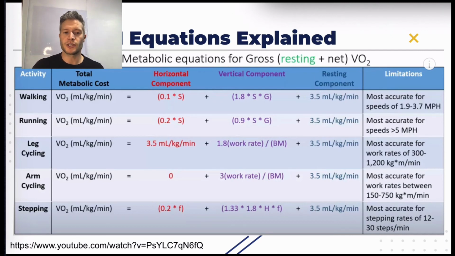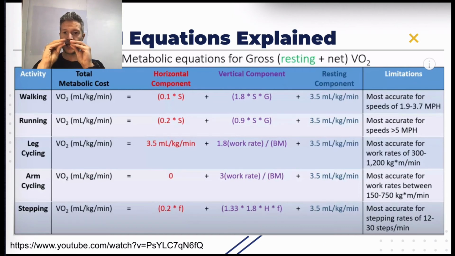But think about those units for a second and what it's really trying to tell you. So for every milliliter of oxygen per kilogram of body weight that you have, per minute of time that passes, that's the exchange happening. So if I have 10, that's 10 milliliters of oxygen.